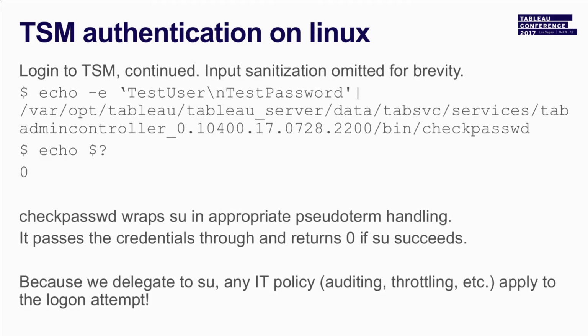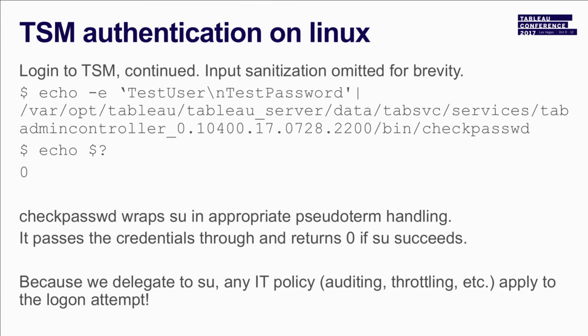Login continued. So we already checked authorization. Let's check credentials. So I'm not going to put my username, my password here. But we check credentials by piping the username and password with appropriate sanitization to this helper utility, check password, and here's the full path to it.